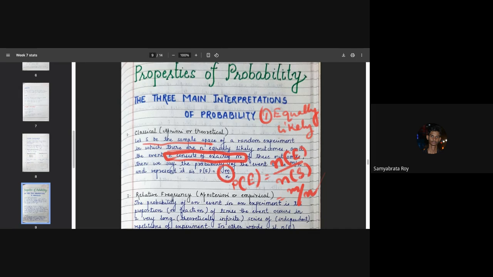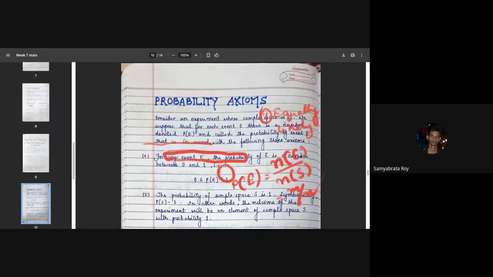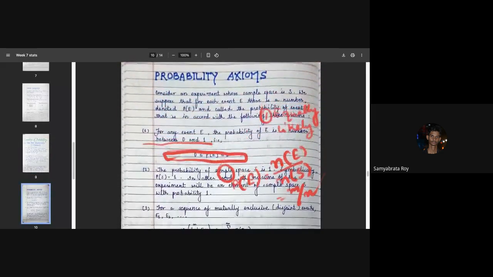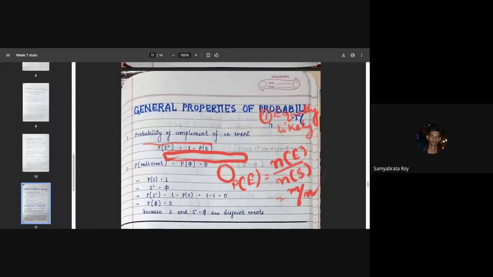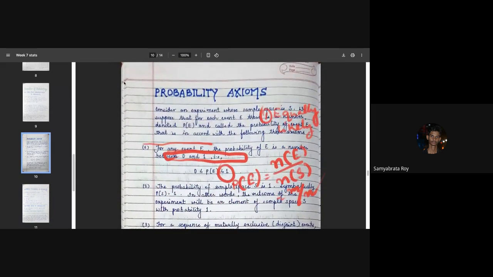Any doubt so far? Now we should know that classical probability doesn't work everywhere.